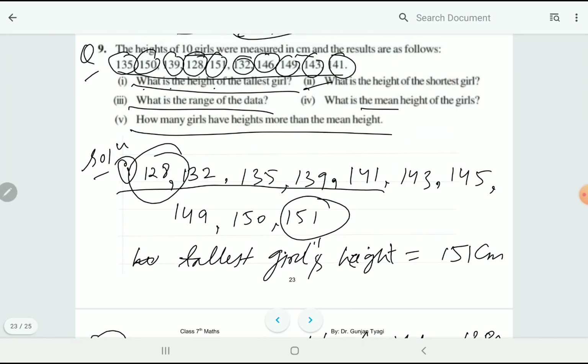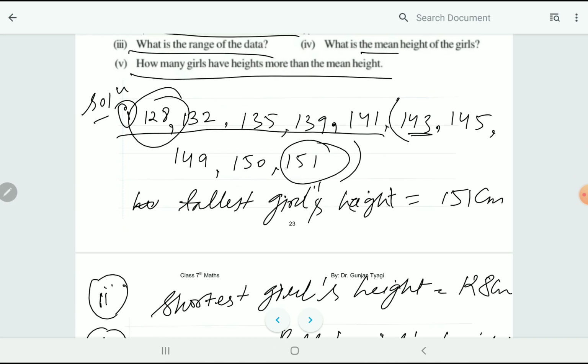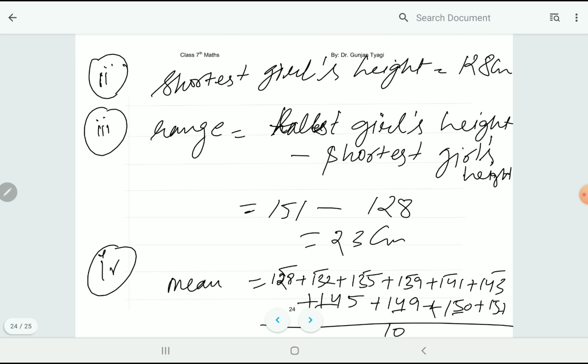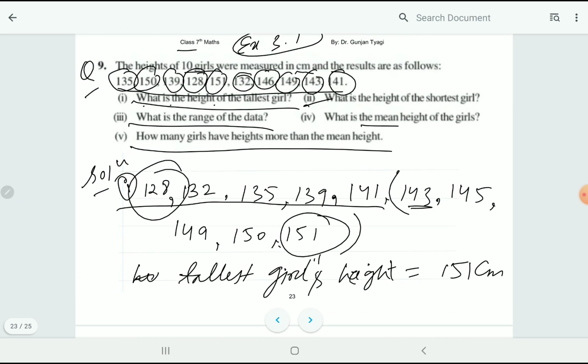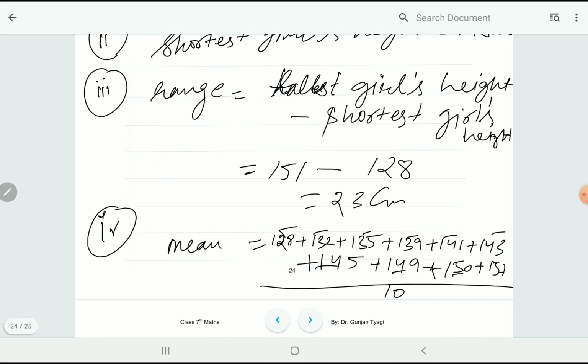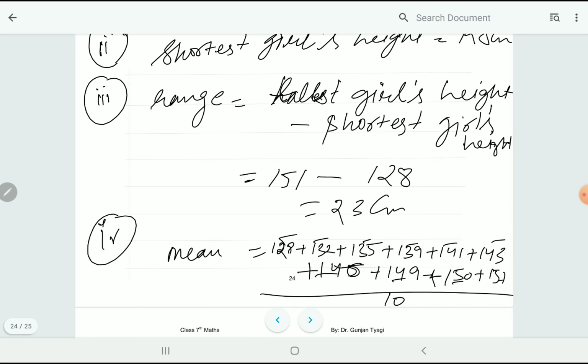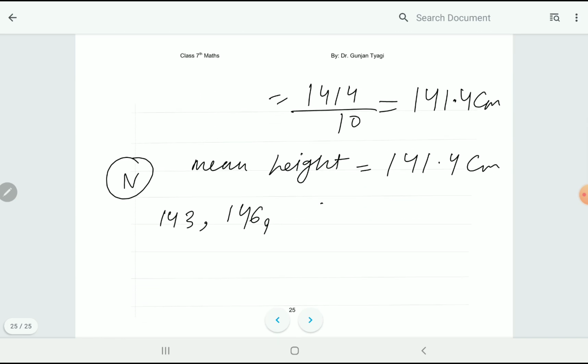So these are the girls having more than the mean height: 143, 145, 149, 150 and 151.